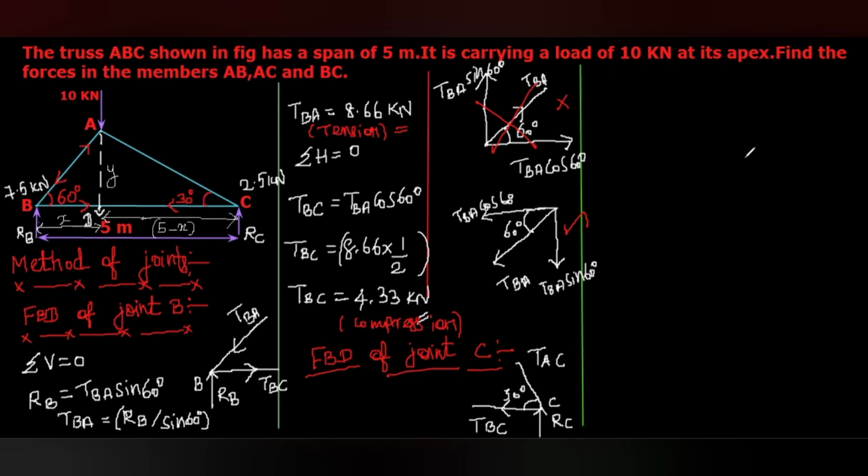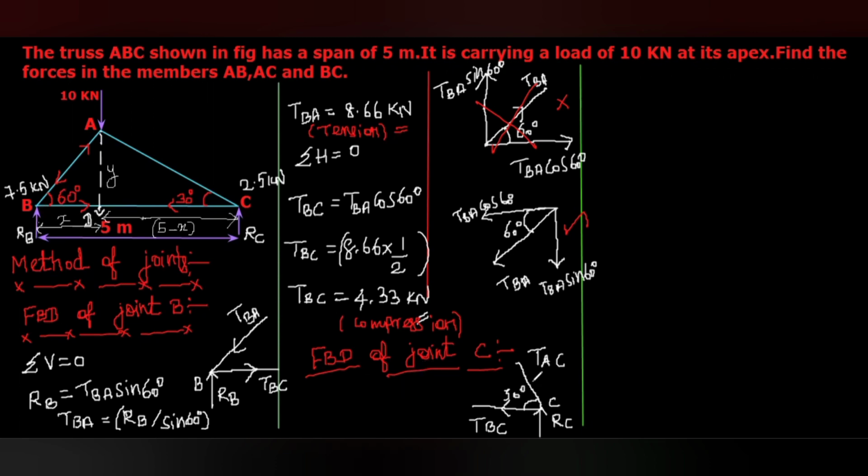So here, as mentioned earlier, the TAC may act inward to the C or outward from the C. If it is outward, then you will get the result like this: TBA sine 60 acts upward, that cannot cancel the upward force RB.